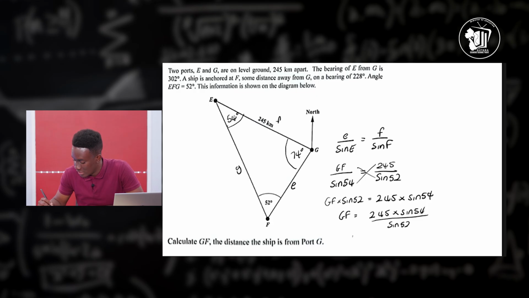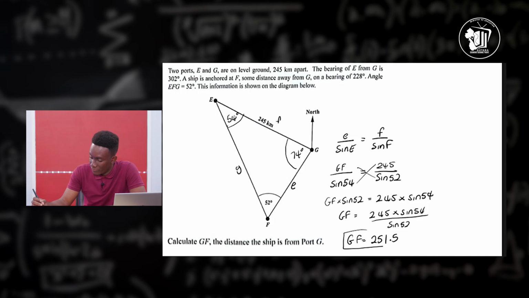We can punch all of this in our calculator: 245 multiplied by sine 54, and then we divide that answer by sine 52. This will be equal to 251.5. So GF is equal to 251.5 km approximately, rounded off, and this will be the distance GF.